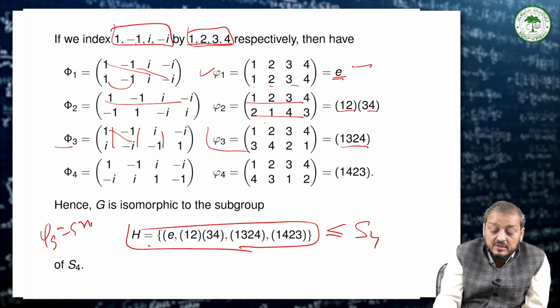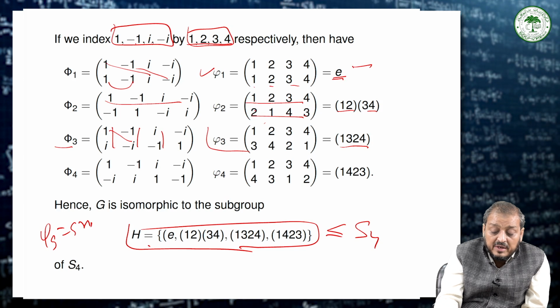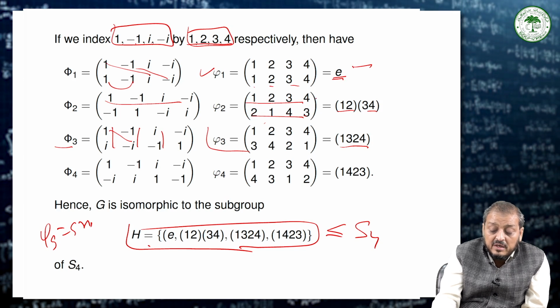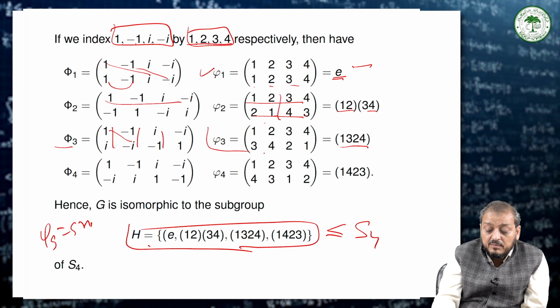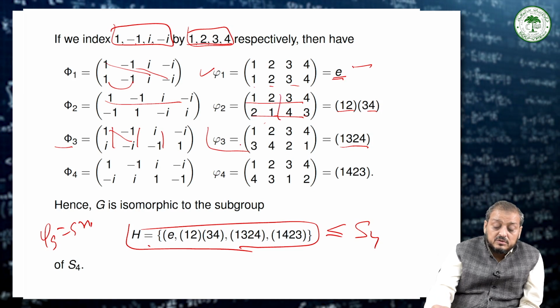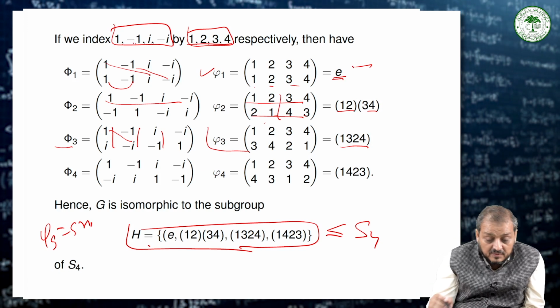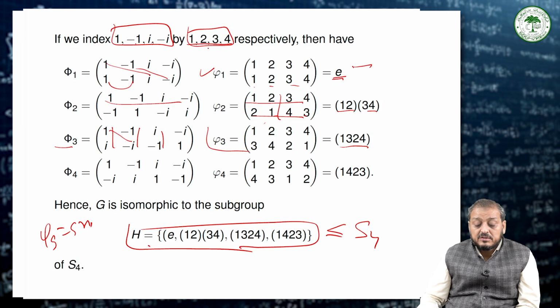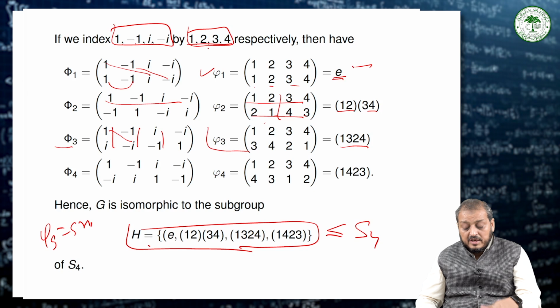Then similarly 1, -1, i, -i, and then -1, 1, -i, i, we switch these two, and similarly for all these things. This way we can clearly find out the index by replacing in this form. Then clearly H is a subgroup of S4.